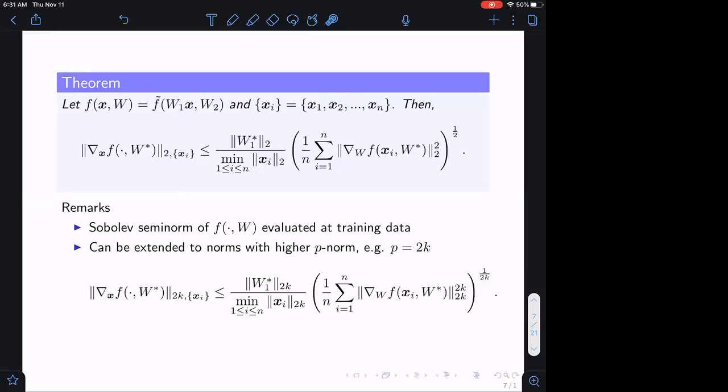I hope I answered your question. In practice, yes, we observe that W1 is bounded, and many other people observe that. Theoretically, proving that this is always the case, or with high probability, is still an open question.